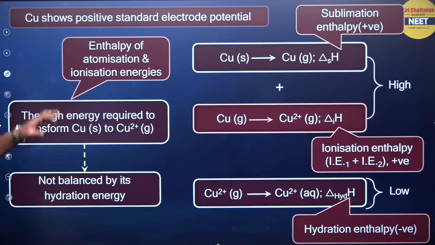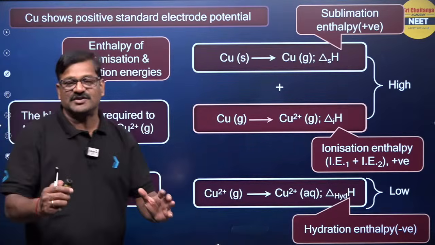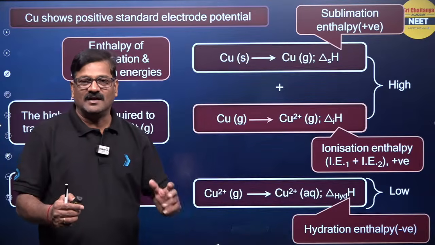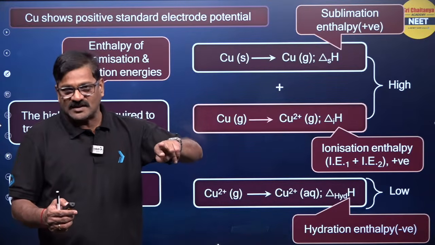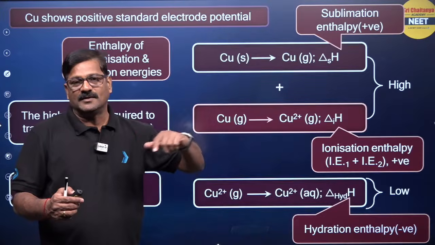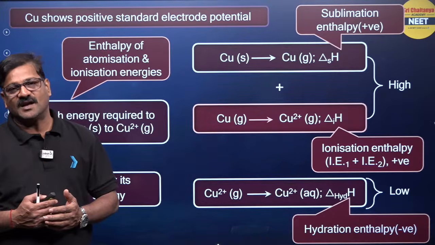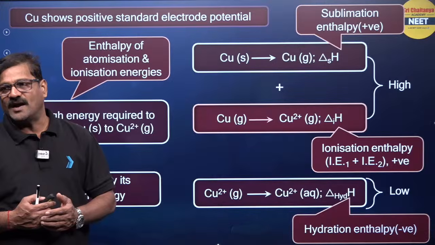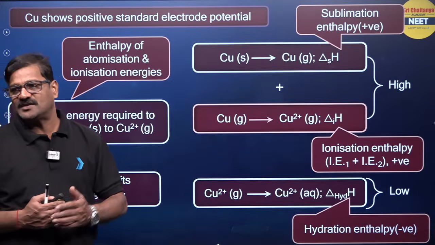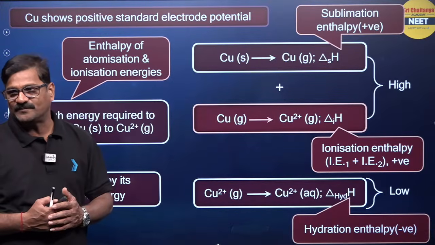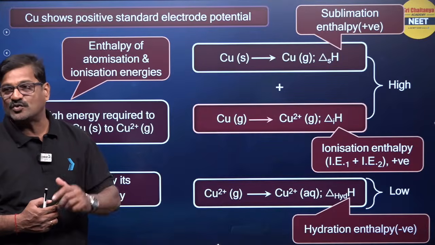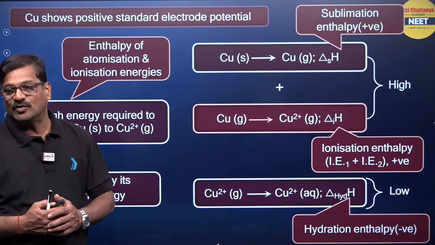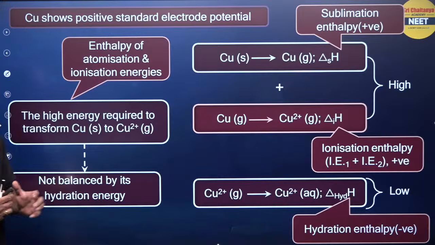So when you compare the enthalpy of atomization and ionization energies, copper has a high hydration energy, and the second ionization energy is going to overcome this hydration energy. As a result, the first two ionization energy values are positive and the hydration energy value is negative, and together your SRP value is positive.